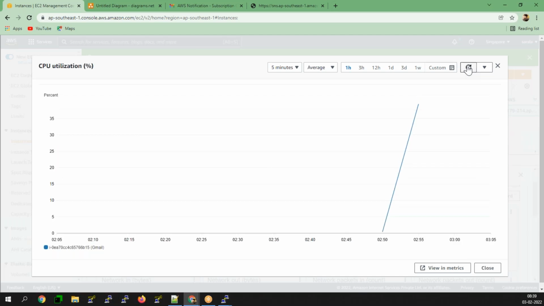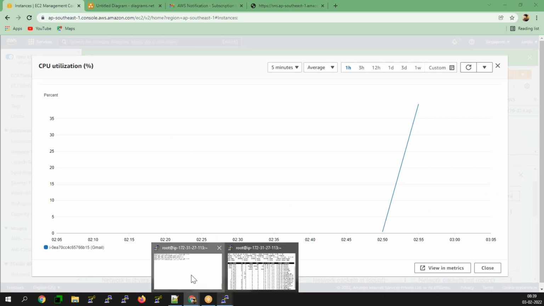It has been reaching the respective limits here. It's already working actually.